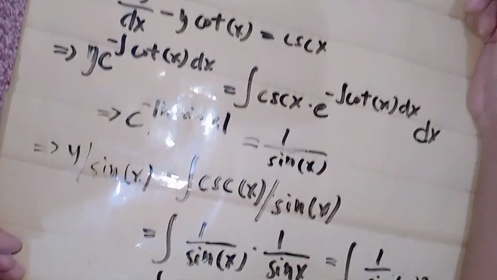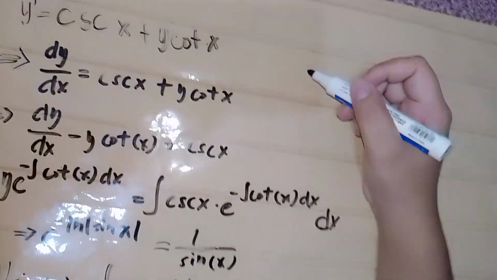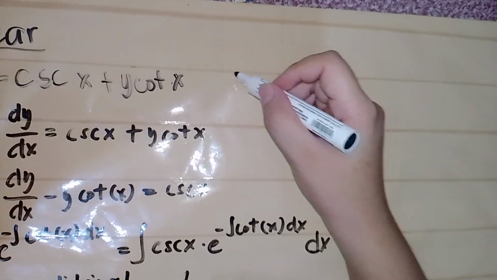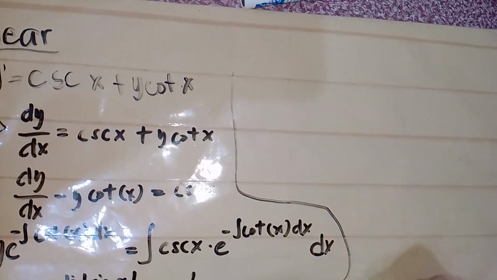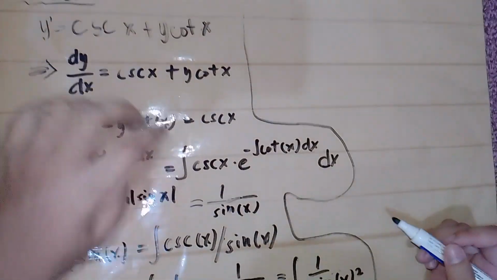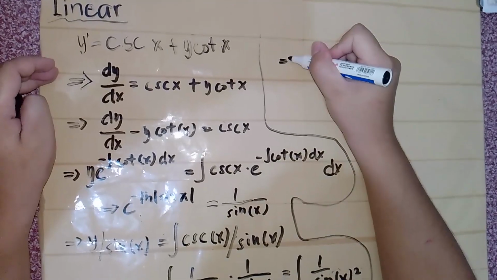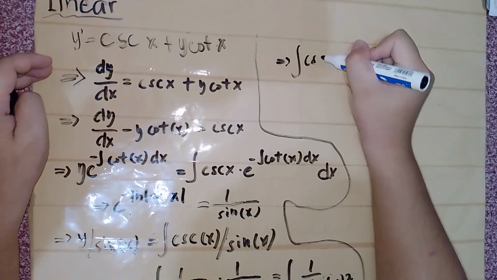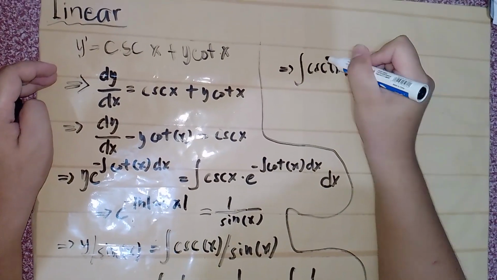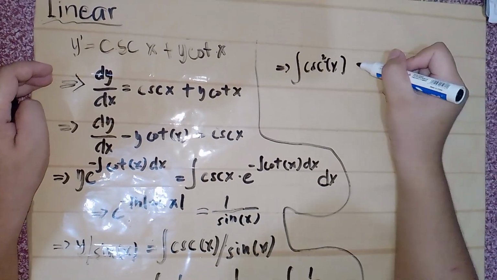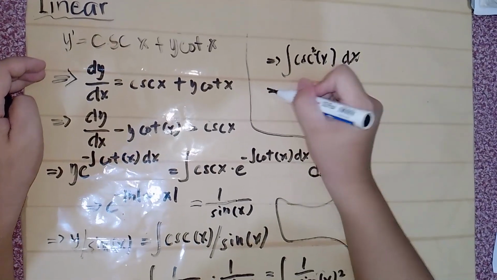Alright, so next is to integrate the cosecant squared.